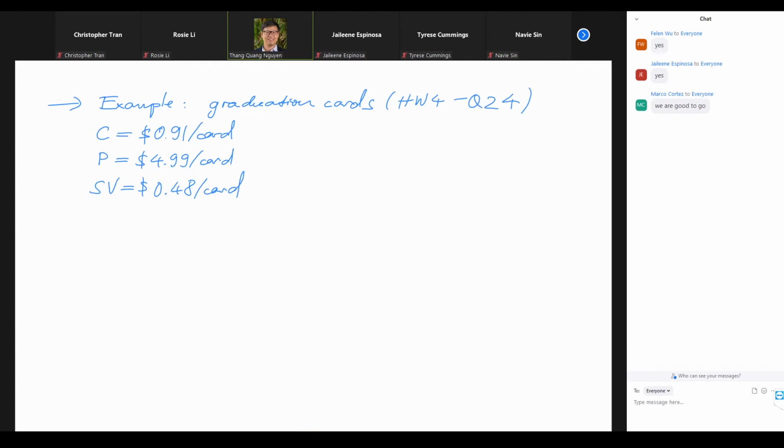Besides that, we have to know the demand, right? So we assume that we have normally distributed demand. How do we know about the demand in the upcoming season? We look at the past, right?